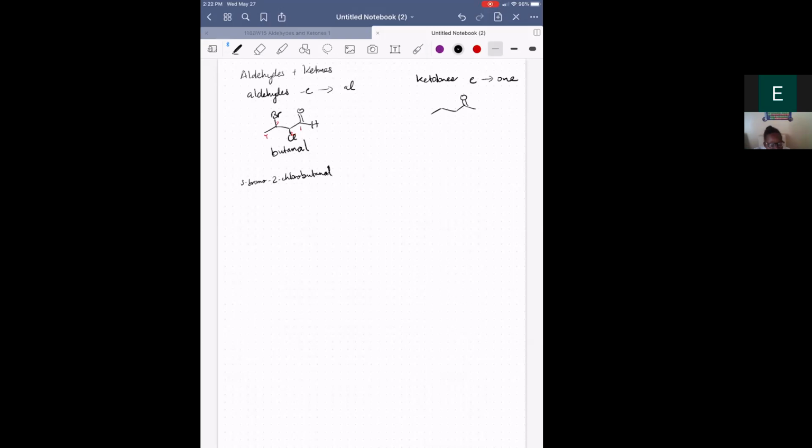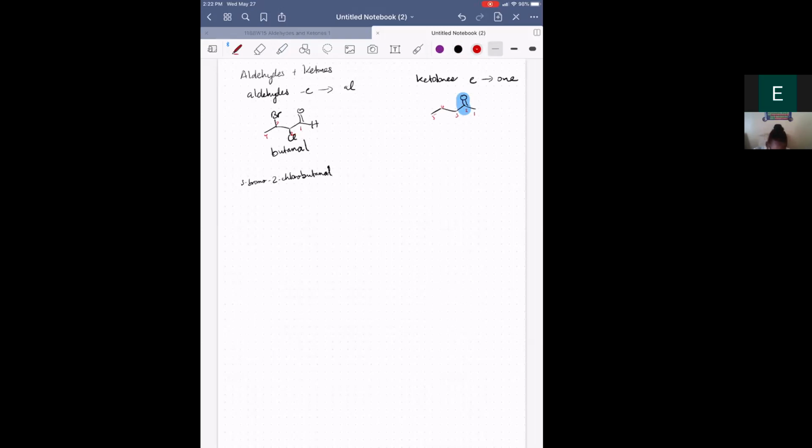And then for our ketone, we're just taking our E ending and replacing it with ONE. We also need to indicate where the carbonyl is located in our chain, right? So this would be a 1, 2, 3, 4, 5 carbon chain, and we want to give our ketone the lowest possible value.